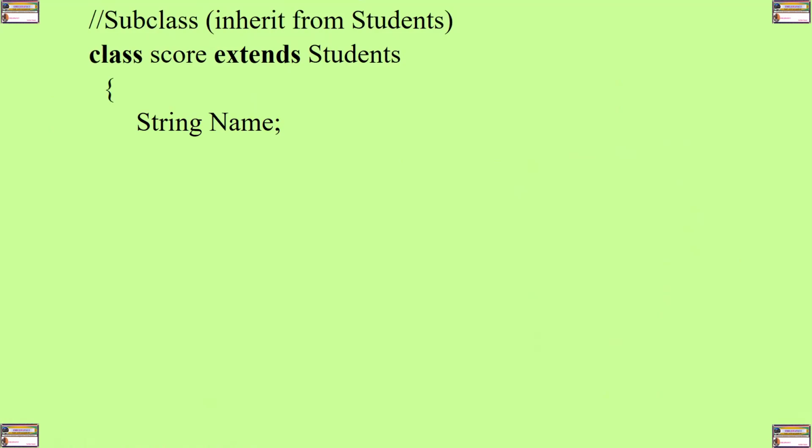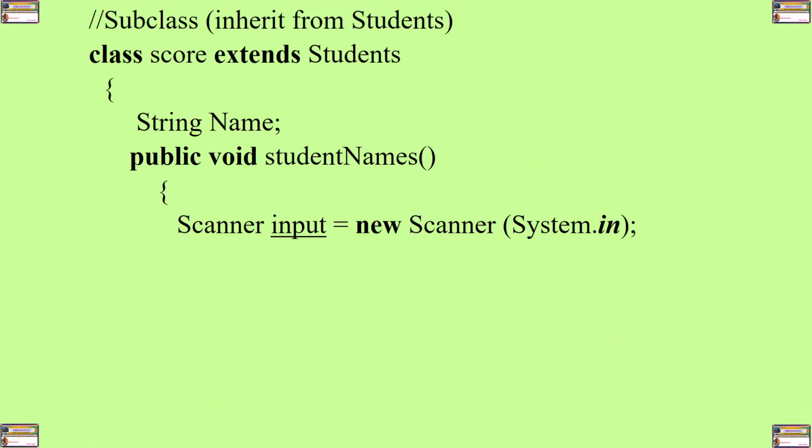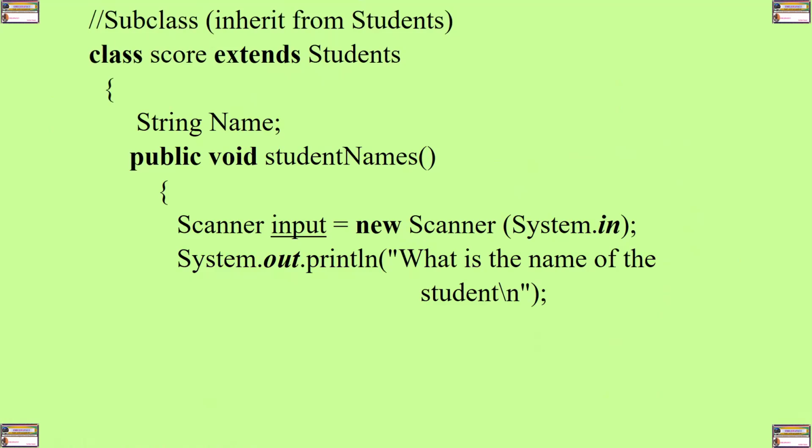We have one data member called name of type string, and then we have a public member, that is a method, by the name student names. What does this member do? It tells the processor to declare an object called input for the purposes of handling data entered through the keyboard.